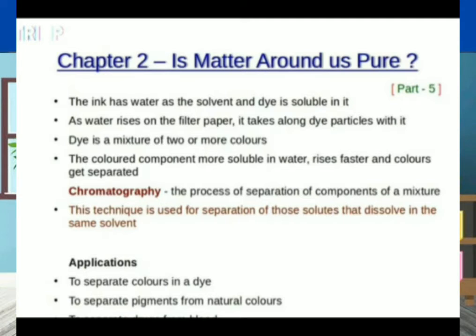So from this we should understand what the process of chromatography is. And what are the applications? It is used to separate colors in a dye, and to separate pigments from natural colors.